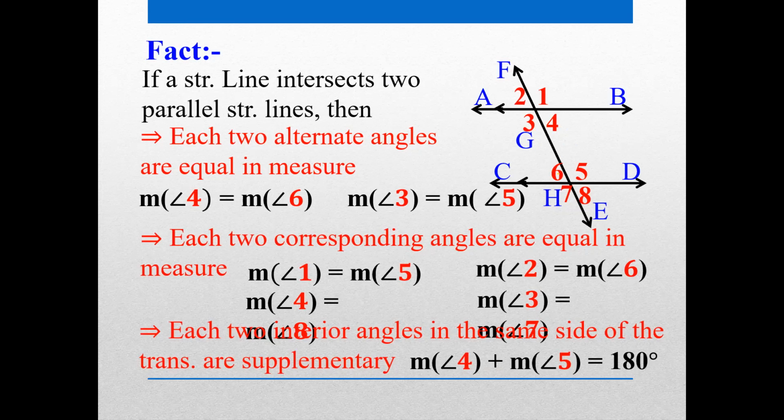Again, if a straight line intersects two parallel straight lines, then we have alternate angles, corresponding angles, or interior angles.